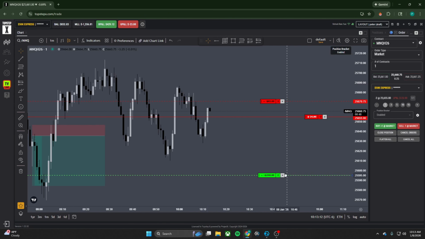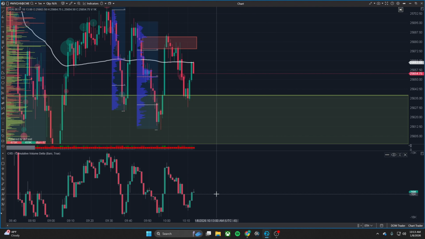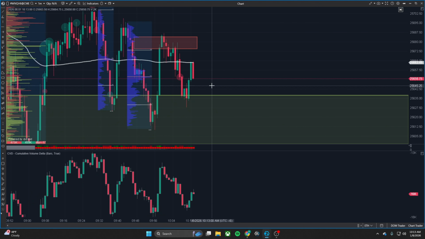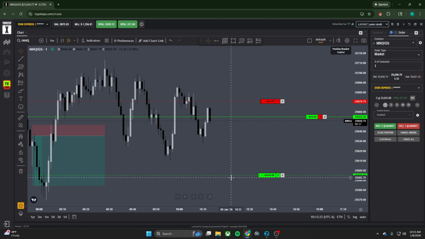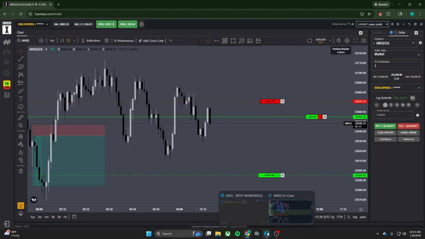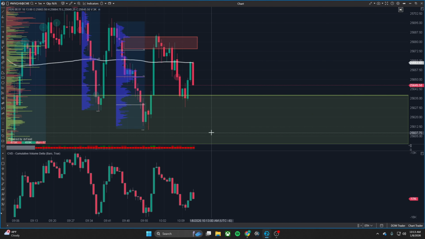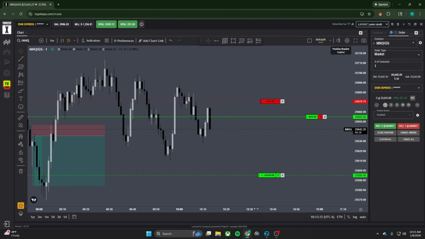Okay, we got a decent fill now, because we got the fill with that second contract. We can go break even at maybe this low. This low here. We can already move stop down to here.